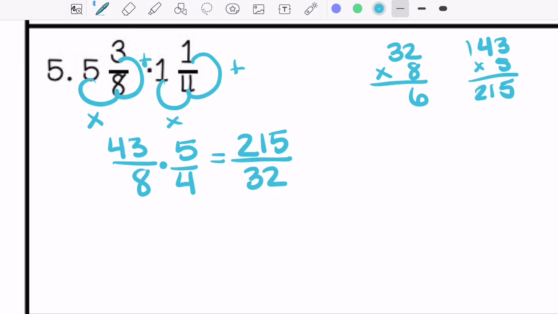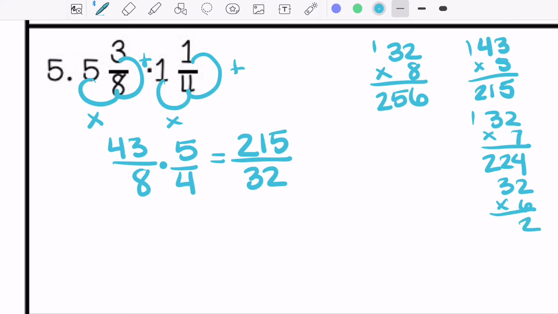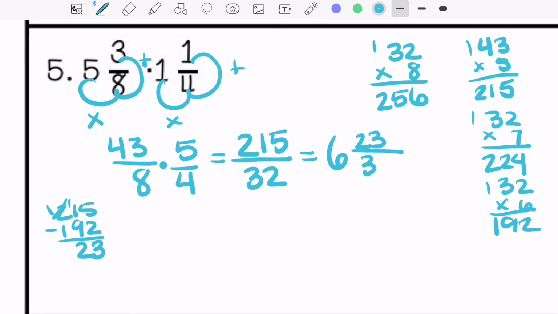Gonna have to guess and check here. It's too much. Too much. All right, 6 times 32 is 192. 215 minus 192 leaves a remainder of 23, and there's no greatest common factor other than 1 between these two. So that's my answer.